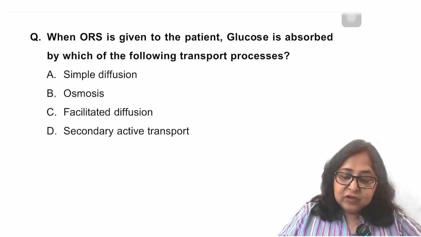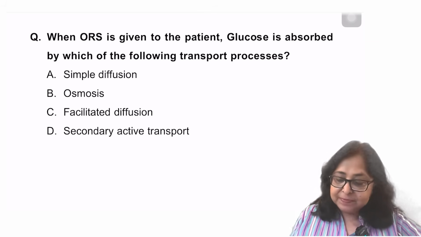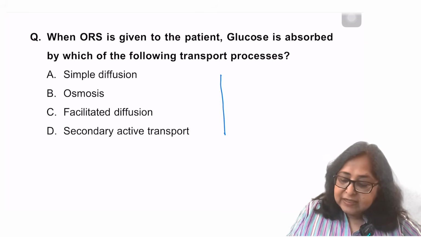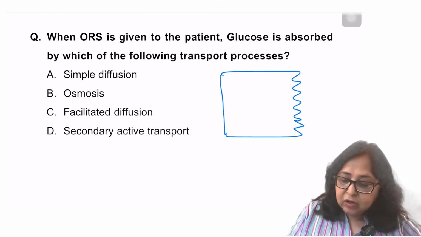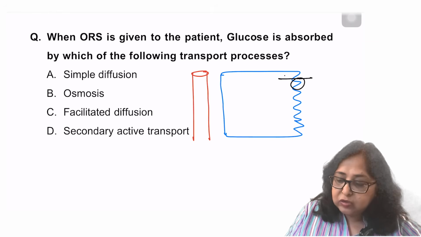When ORS is given to a patient, glucose is absorbed by which of the following transport mechanisms? Now, when I look at the enterocyte, on the luminal side, the absorption of glucose will be via a sodium-glucose co-transport.